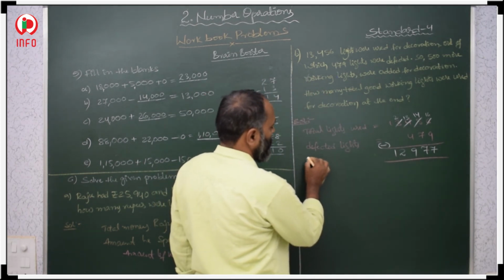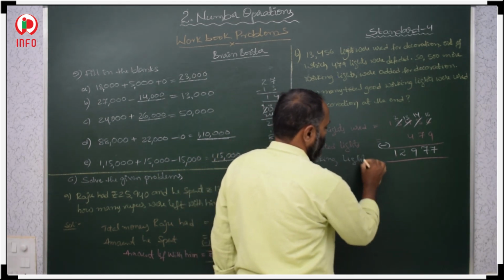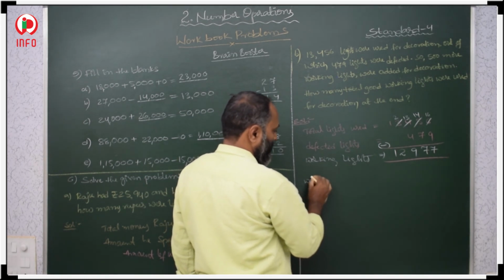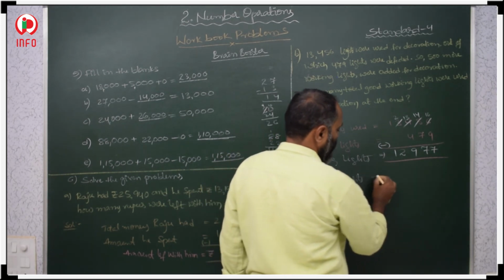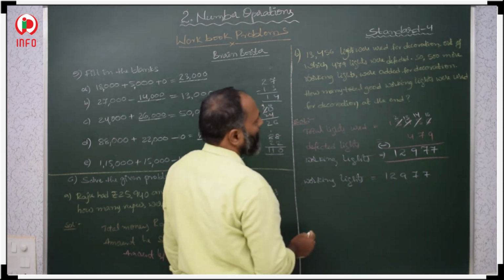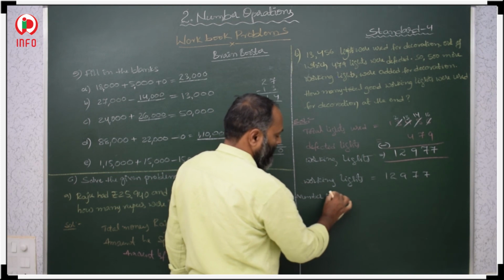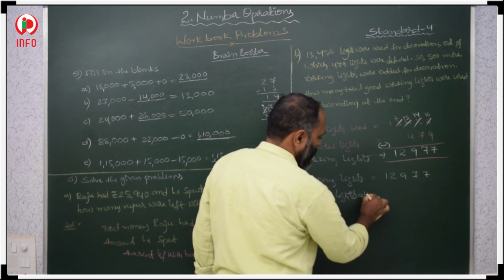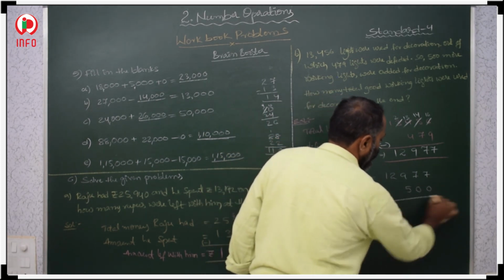Working lights: 12,977. Number of lights added: how many lights were added? 500 lights added.